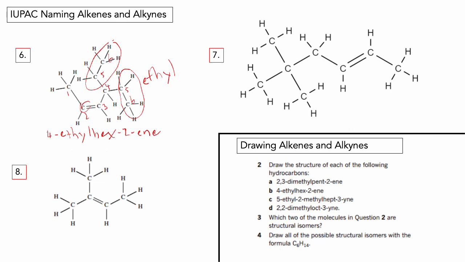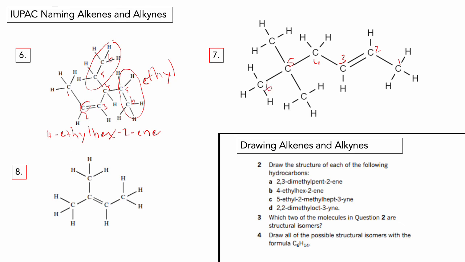Number 7, let's have a look here. Carbon 1, 2, 3, 4, 5, and it doesn't matter which one we number as our 6th carbon because we're going to have 2 methyl groups off that 5th carbon, so I'll just make this one the 6th. There we go.